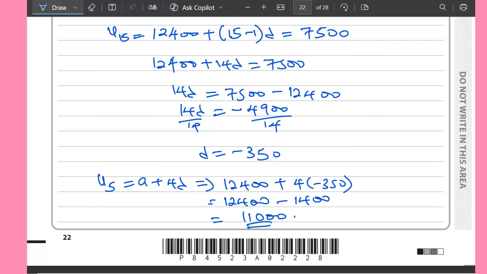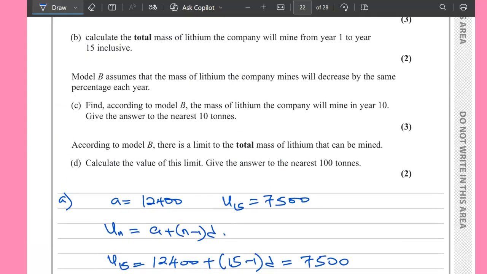Part B, let's go back to the question. Part B, you are required to calculate the total mass of lithium the company will mine from year 1 to year 15, and in this case you're told that it is inclusive, so we are required to get the sum.